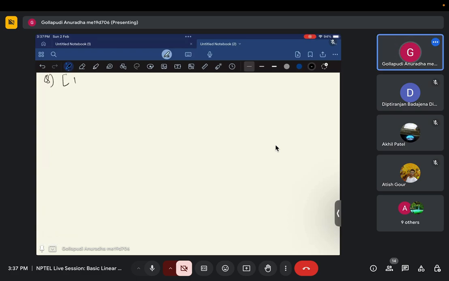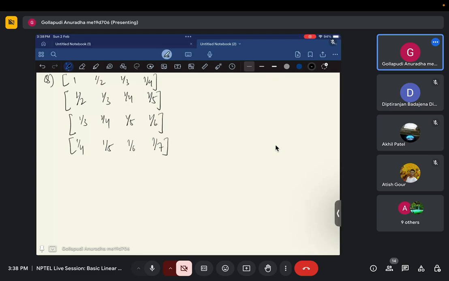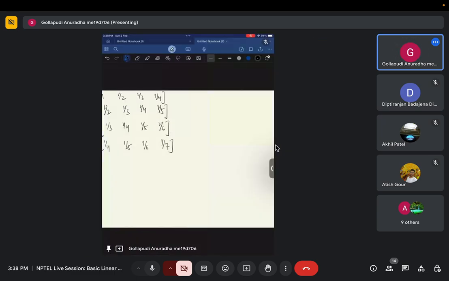Similarly, solve for this. If we have vectors like this, then let me know whether these are linearly dependent or not.